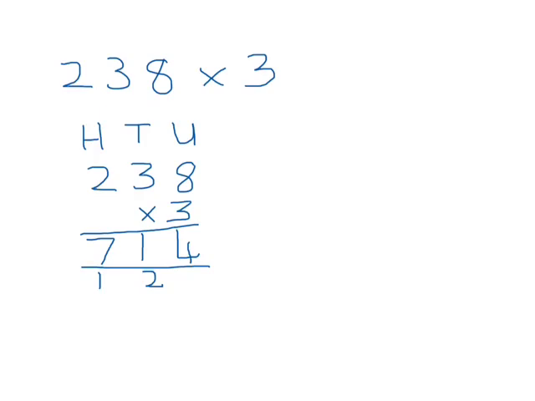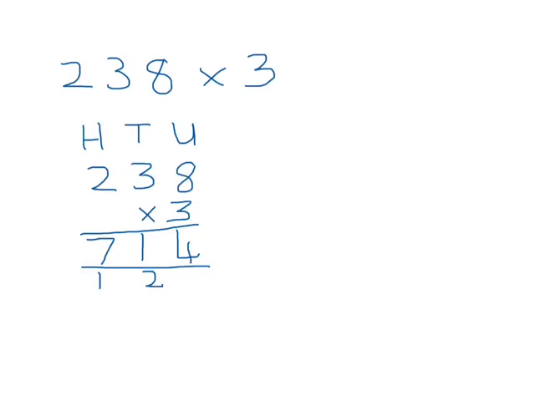So to explain it in a shorter fashion, we do 3 times 8 is 24. 3 times 3 is 9 and add on 2 is 11. Then 3 times 2 is 6 and the one in the basement is 7. So 3 times 238 is 714.